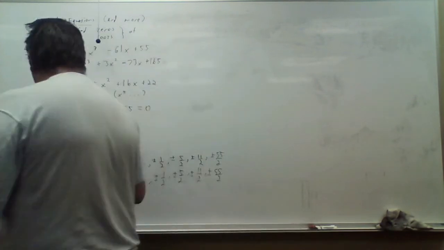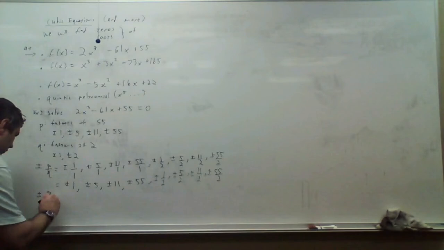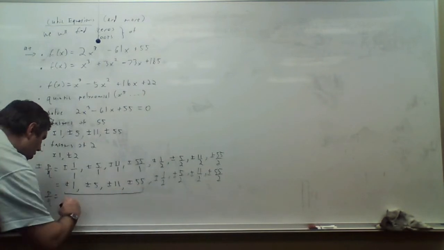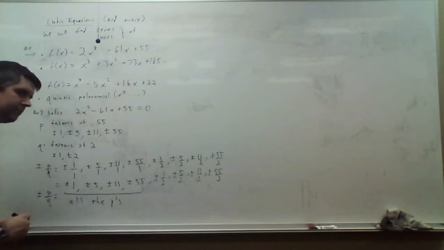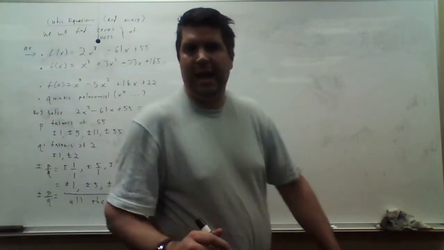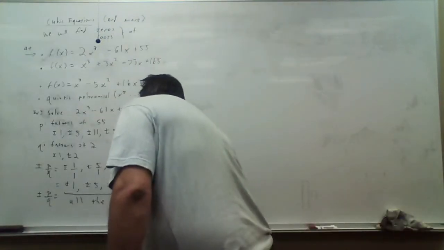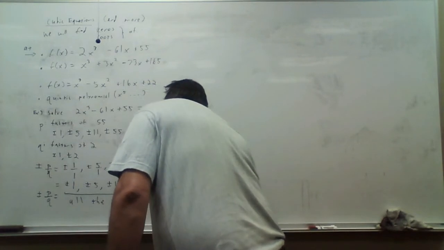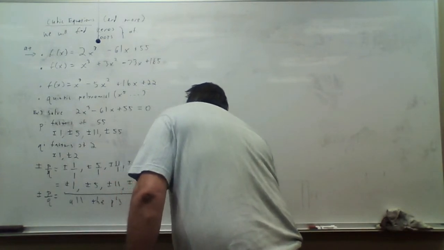So put another way, plus or minus P over Q equals all the P's. It also equals 1 over 2, plus or minus 5 over 2, plus or minus 11 over 2, plus or minus 55 over 2.